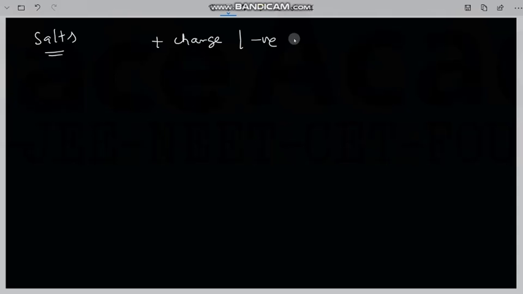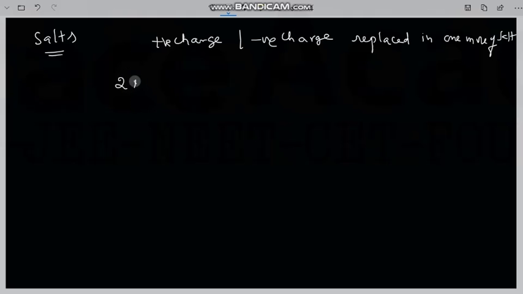The positive charge is present on the cation, and the negative charge on the anion. The n factor is the total moles of cationic charges or anionic charges replaced in 1 mole of salt. That is called the n factor.